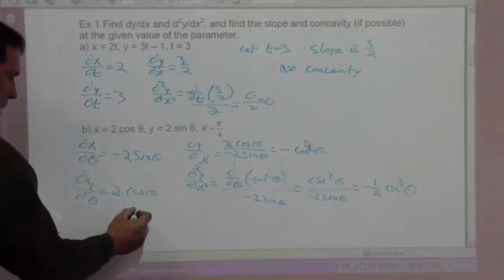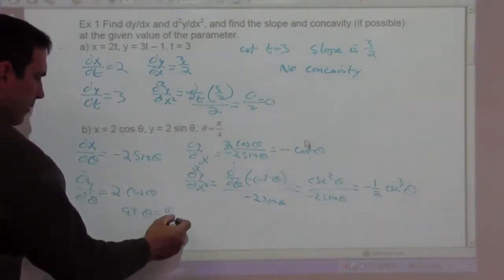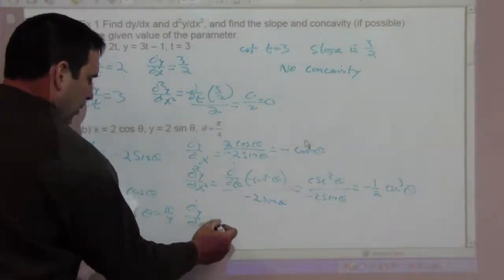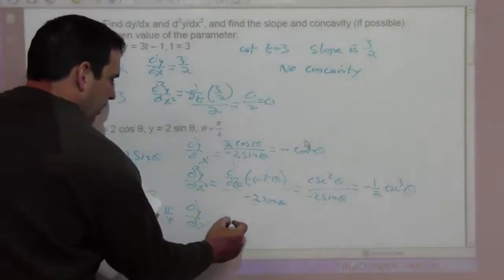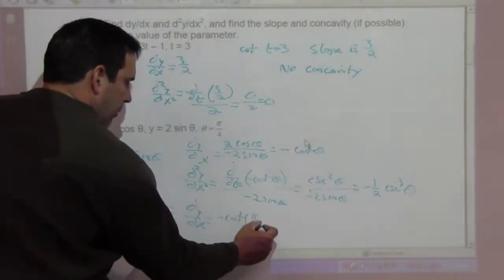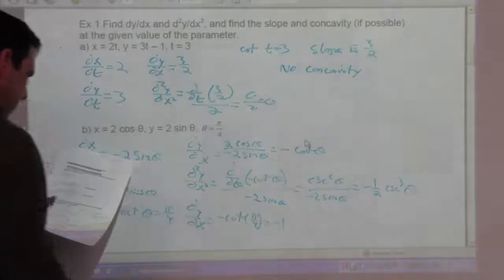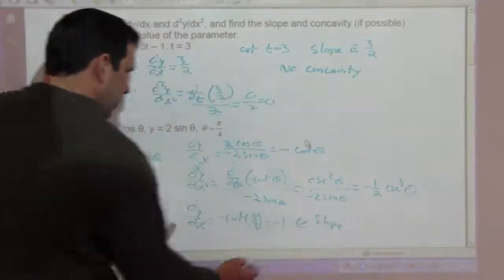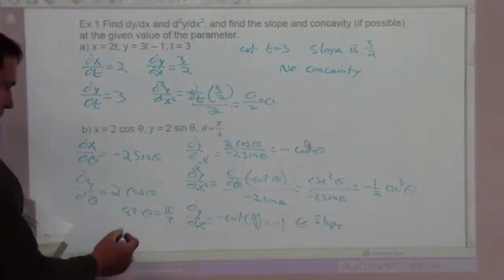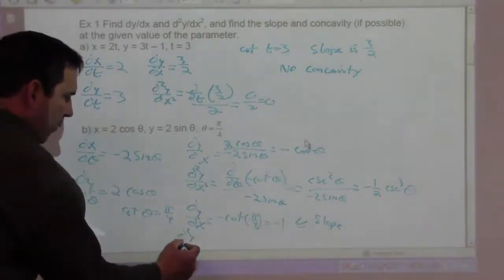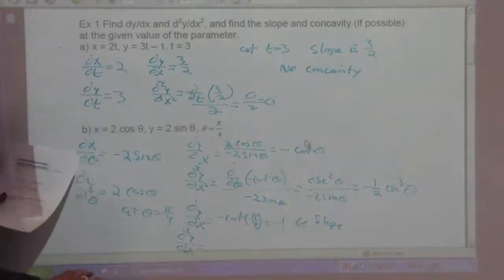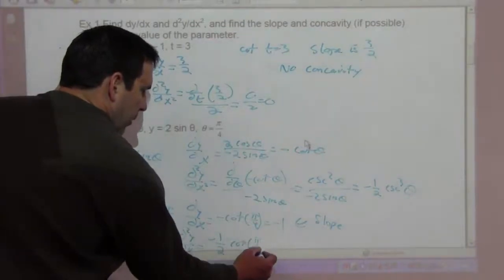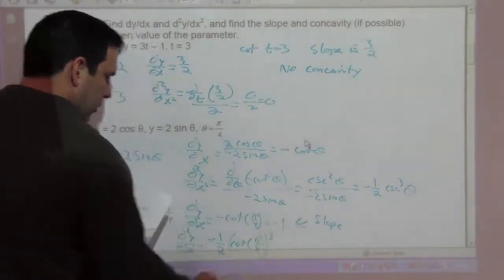So at theta equals pi over 4, dy/dx, the slope, is going to be negative cotangent of pi over 4, which is negative 1. And our concavity, the second derivative of y with respect to x, is going to be negative 1/2 cosecant of pi over 4, cubed.